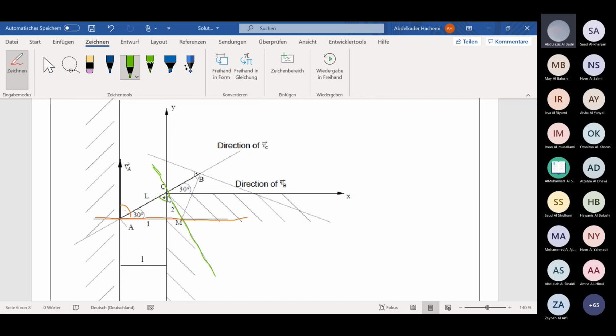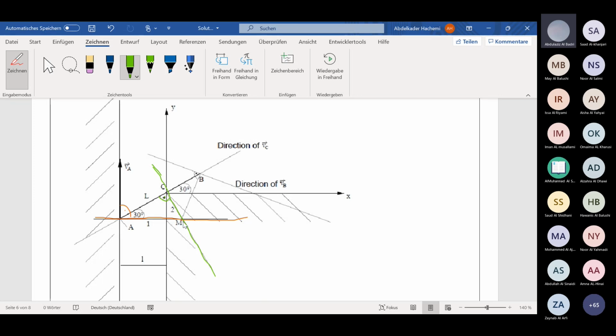Now, we have also VB, the direction we will see later. What we get here is the intersection of two lines. We give this point here the name M, and this is the center where the velocity is equal to zero.